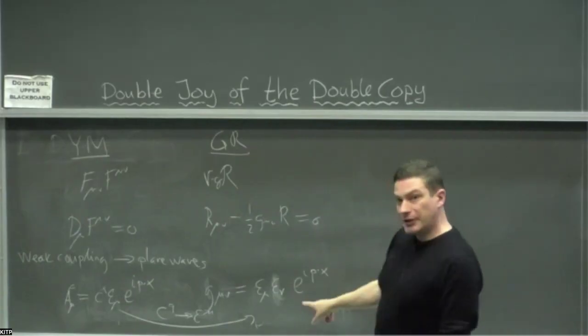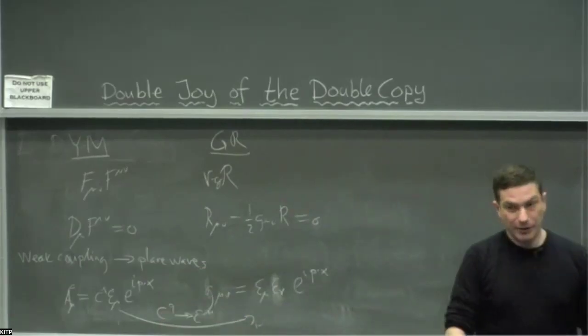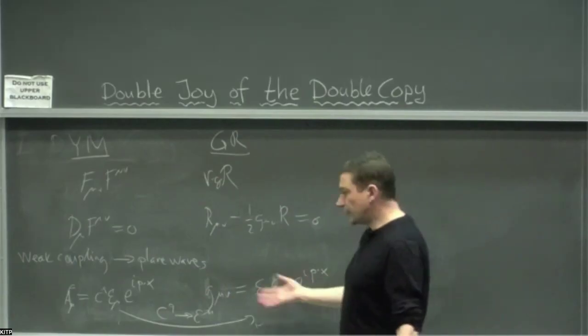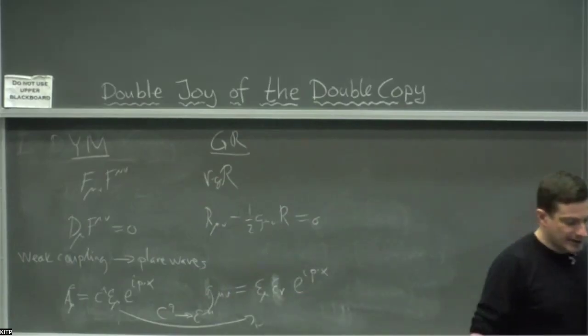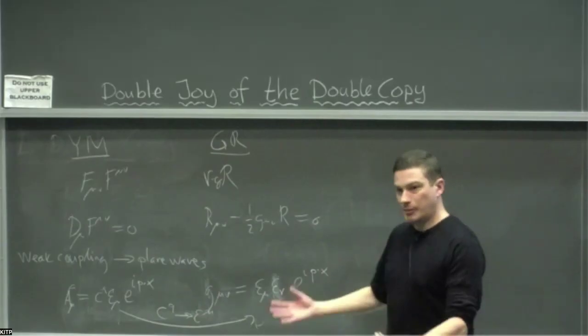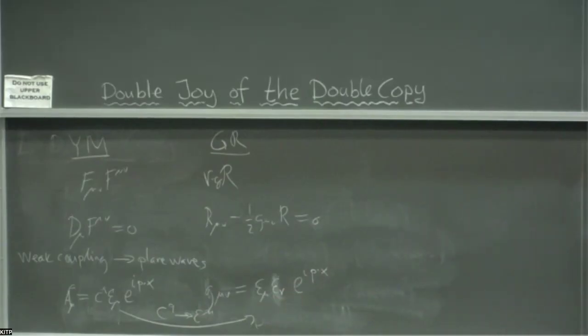If you notice, one thing that I don't do is anything to the plane wave factor. I don't square it. I just leave it alone. And that's actually very important. That's a general feature. When we talk about amplitudes, I'm going to leave some factors alone, which are the propagators. And of course, the plane wave factor and the propagator are intimately related. After lunch, I will probably talk a little bit about the classical double copy.